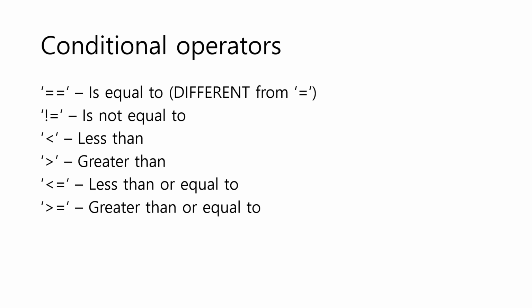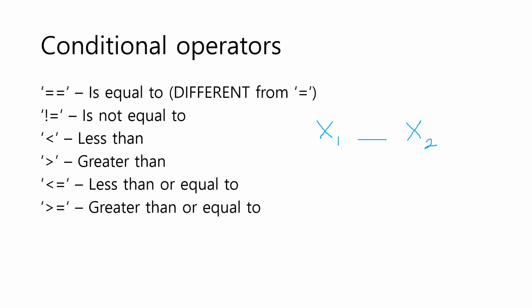Next come conditional operators. Conditional operators are usually in this format: x1, operator, and then x2. And this whole expression gives you the value of true or false, a Boolean value. Equals equals is the thing I was talking about, the equality operator.